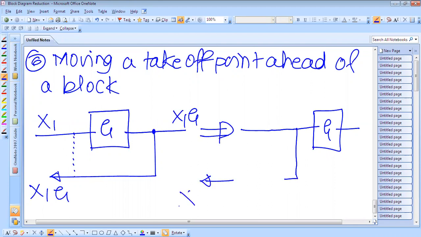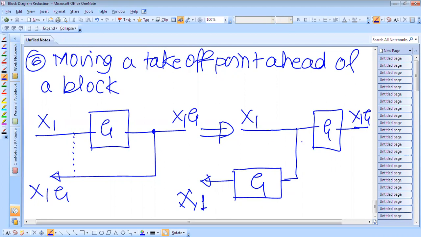So this is x1, and the signal is coming here as x1, so it will be x1 only. We will not get x1g here. Here now it is getting x1, so we have to write G here, and therefore the output from here is also x1g, and the output from here is also x1g.